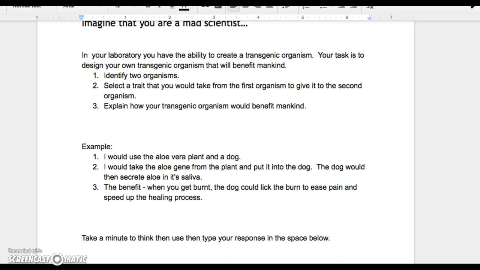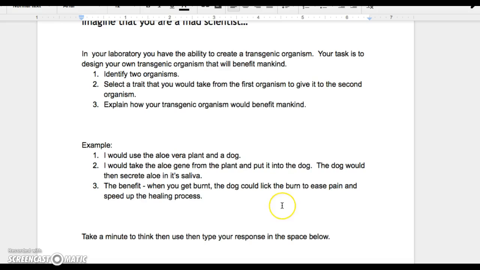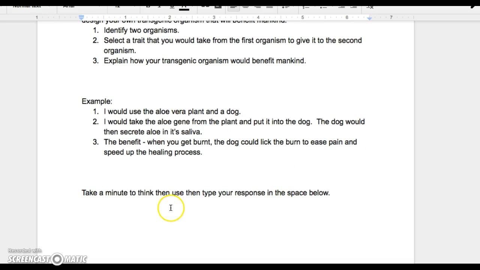So my example is I would use aloe vera plant and a dog. I would take the aloe gene from a plant and put it into a dog. The dog would then secrete aloe in its saliva. The benefit, when you get burnt, the dog could lick the burn to ease pain and speed up the healing process. Take a minute and then type your response below.